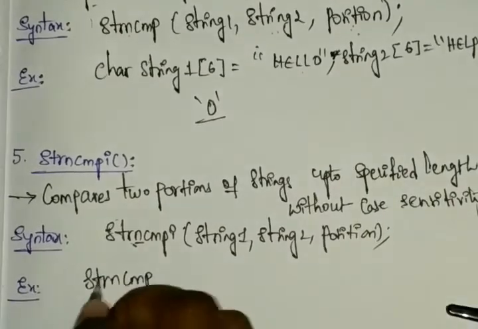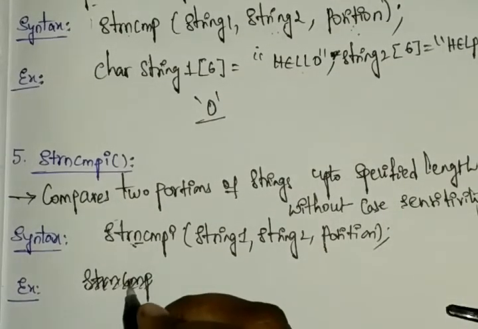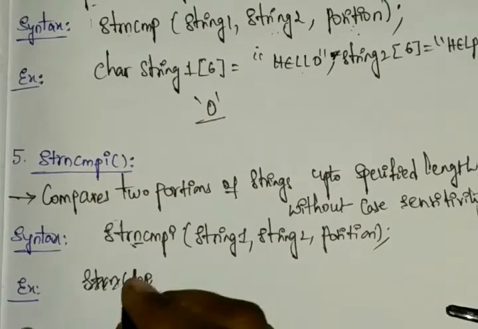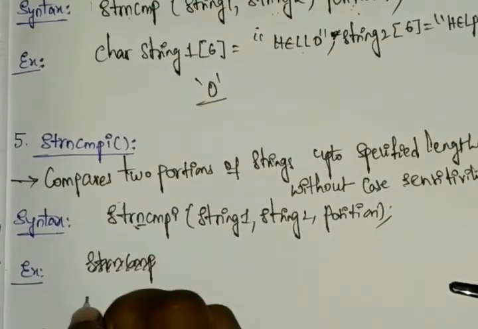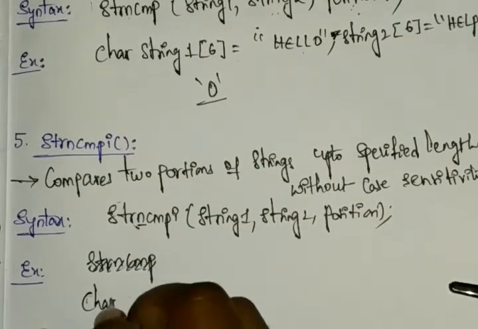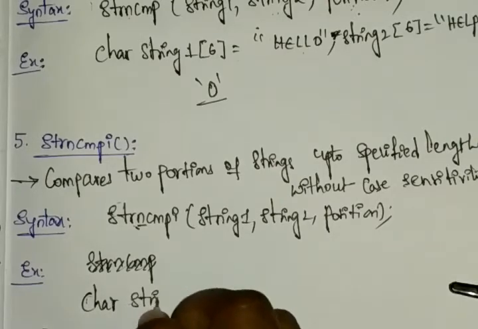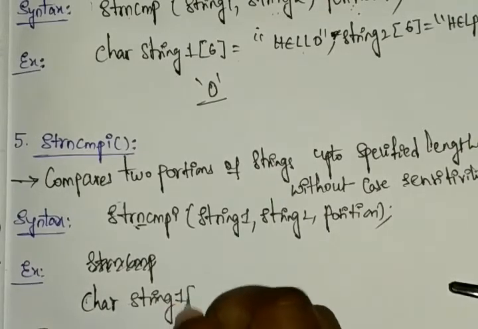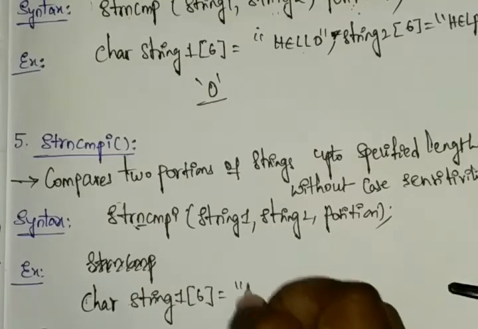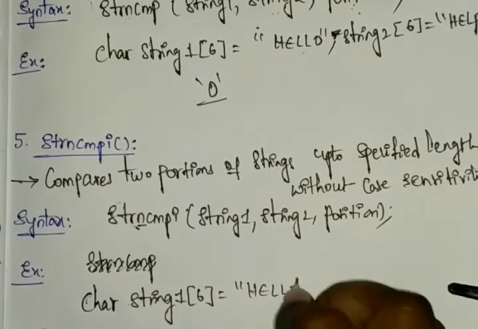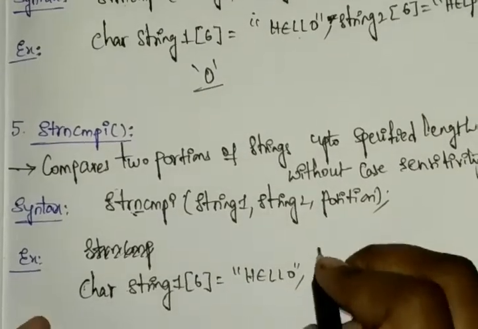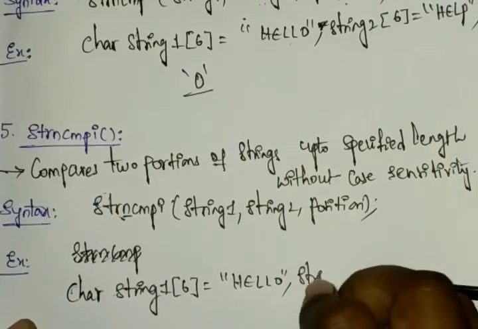And next, here you can see the example for this. Here I am choosing the example like character string 1 is equal to hello. After that, you can write our string 2.